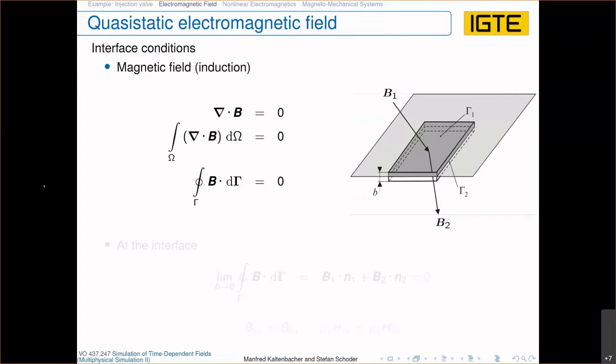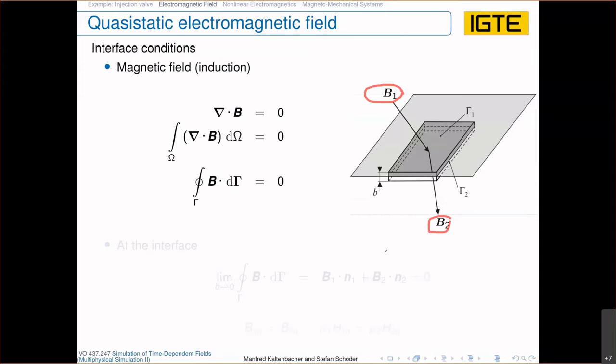So as we can see here, we have B1, and let's say B1 could be, for example, iron, and B2 is another ferromagnetic material, and they have different magnetic permeabilities. And the question is, how do the normal and tangential components behave?